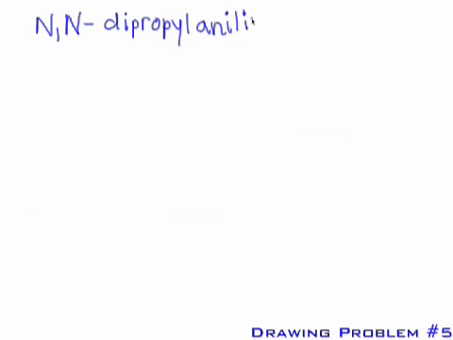The next question was a shorter name that basically tested you on whether you memorized your specialty names. N,N-dipropylaniline. Do you remember what an aniline is? If you did, you would draw a benzene ring with an NH2 off of it.